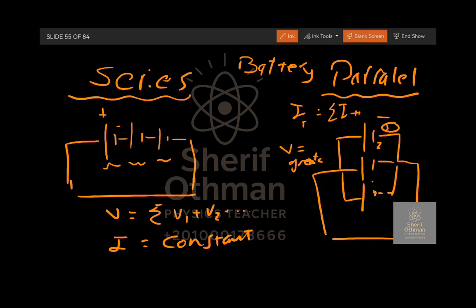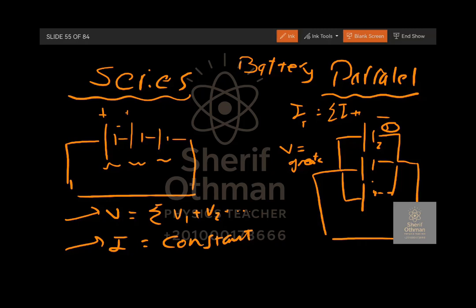So we have now explained the difference between series connection and parallel connection. Series connection in battery means the negative pole of one cell is connected with the positive one of the next, then negative, positive, and so on. This type of connection aims to increase the voltage while keeping I constant.